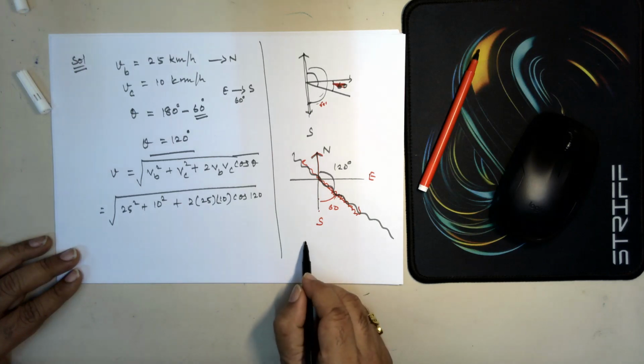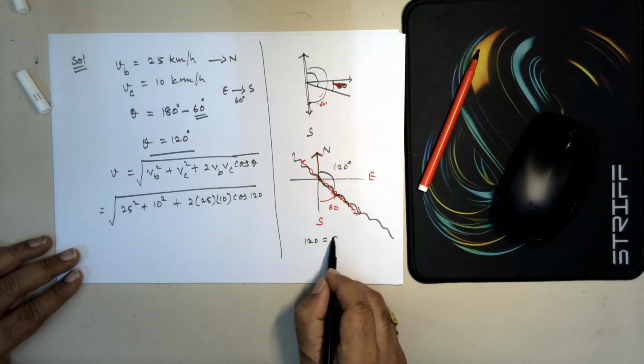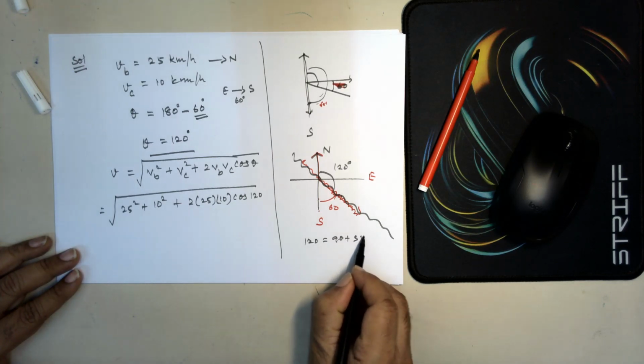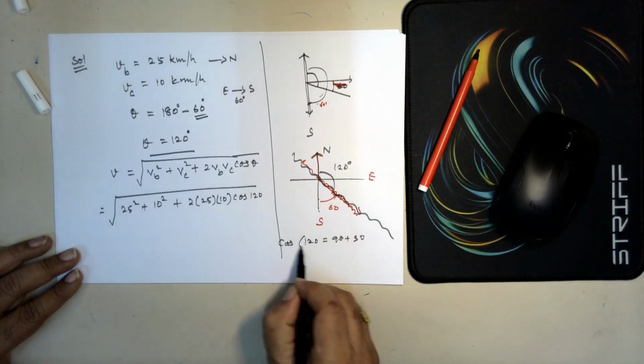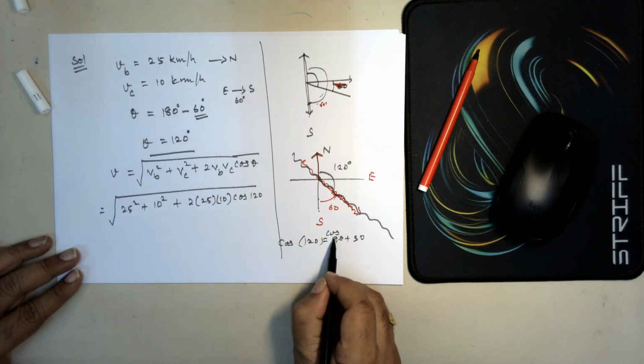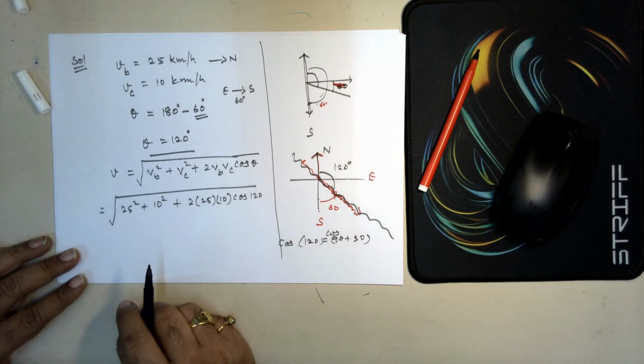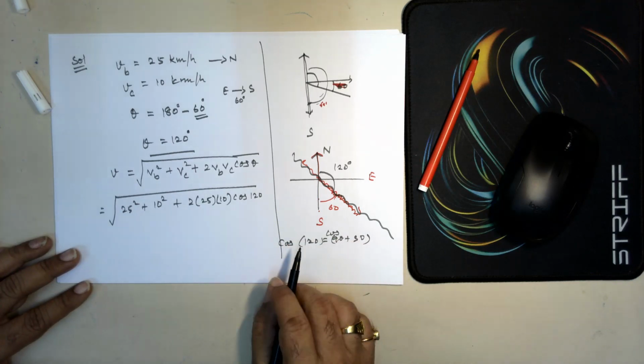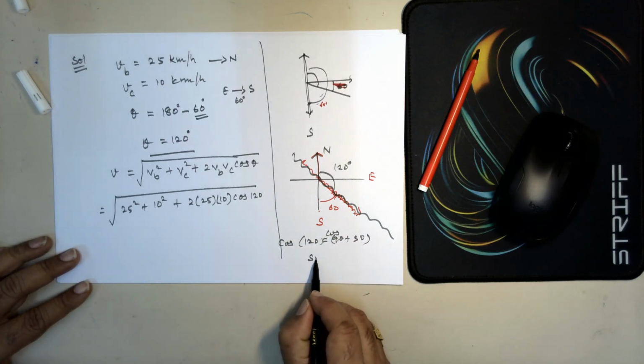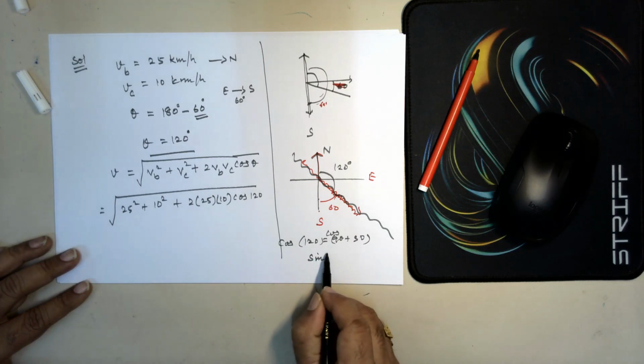So cos 120 means cos of 90 plus 30. So what is cos of 90 plus 30? Sin 30. But this is 120. 120 means in which quadrant?